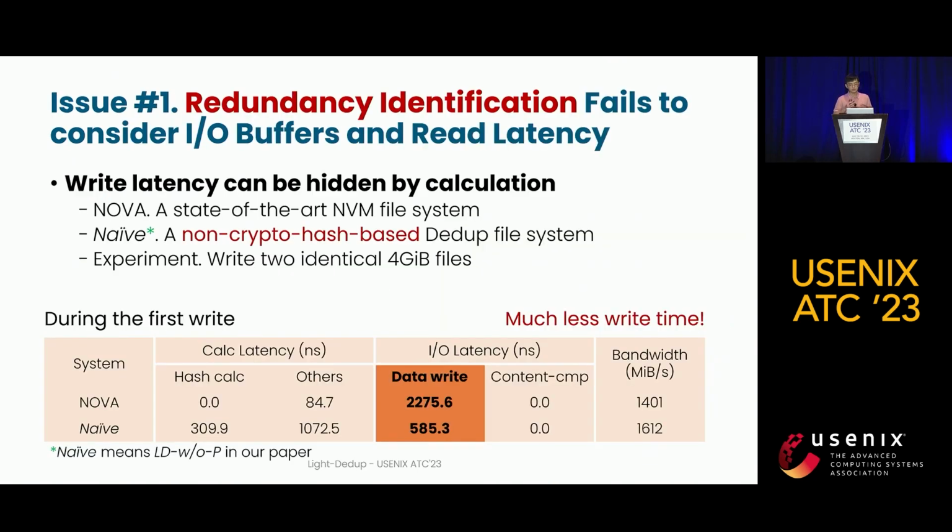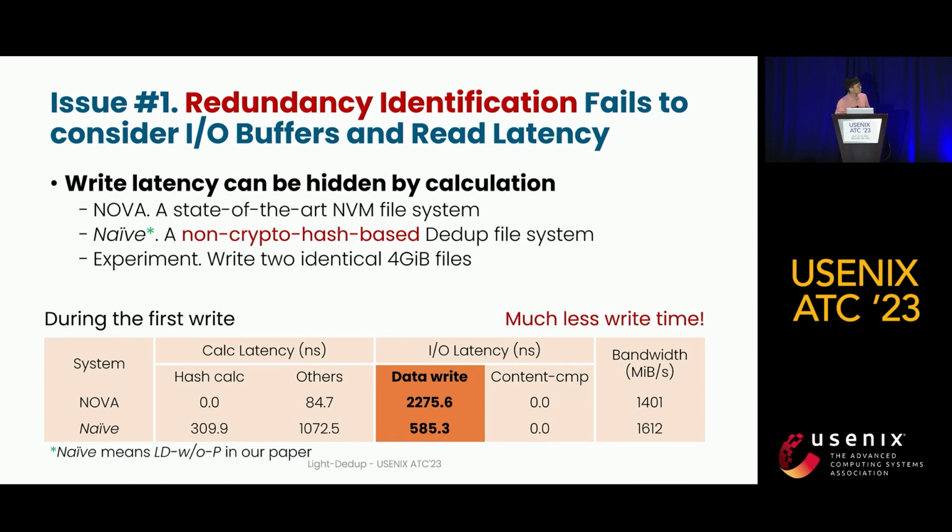At first, we find that existing redundancy identification approaches fail to consider the I/O buffers and read latency problem. Specifically, we built a simple non-crypto hash-based file system based on NOVA, namely naive, and we write 2 identical 4 GB files to NOVA and naive.